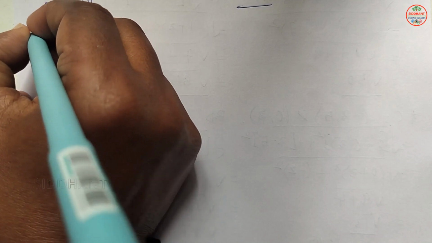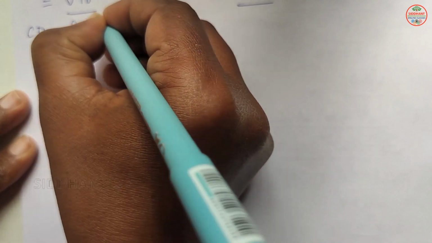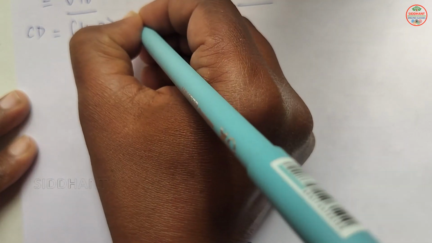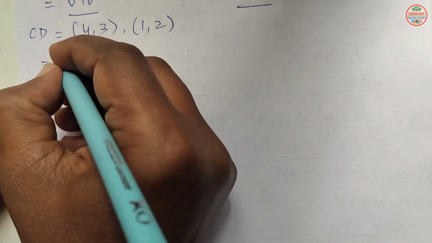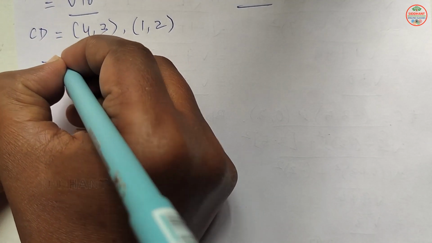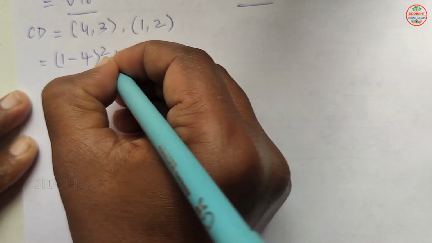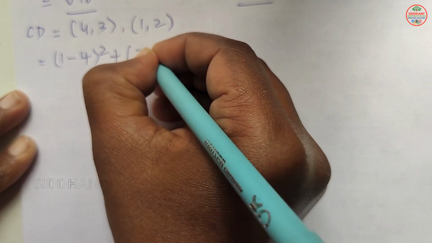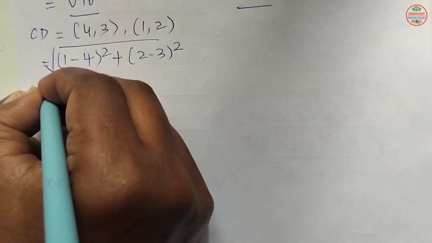Now we will see CD, which is 4 comma 3 and 1 comma 2. So CD means x2 minus x1, 1 minus 4, 2 minus 3, square root.